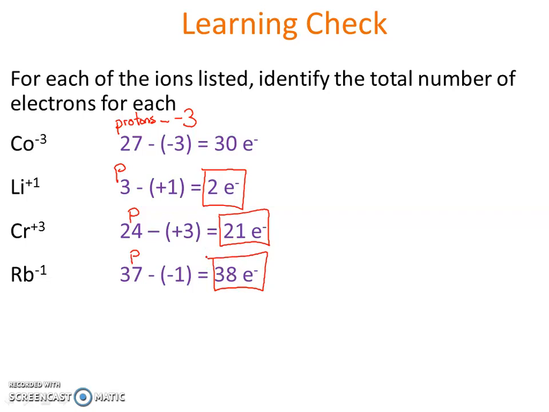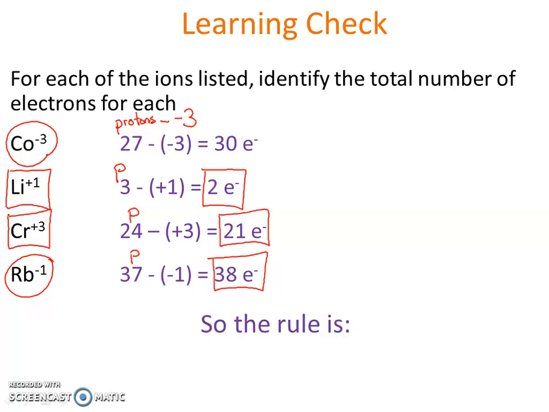This works because the number of protons does not change, but the number of electrons can. If the atom gains electrons, it becomes more negative, such as the cobalt and the rubidium. If it loses electrons, it becomes more positive, like the lithium and the chromium.